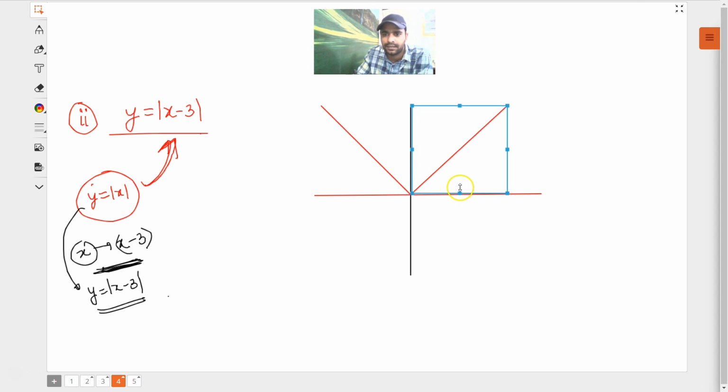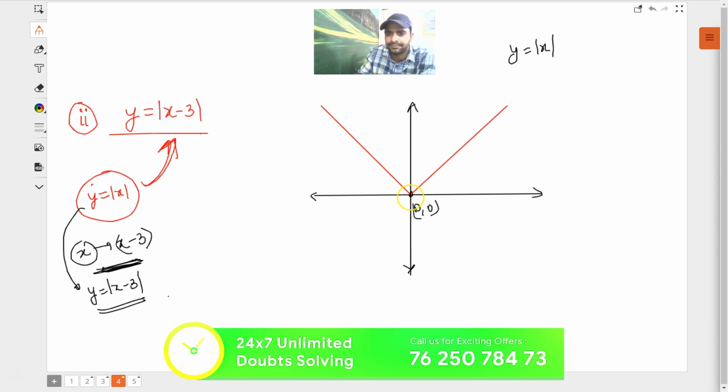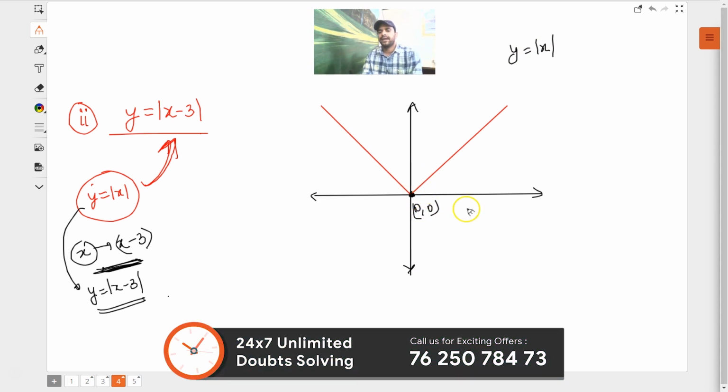Let's plot this thing as negative, this thing as x-axis, so I'll take it as a black one, right? Everybody clear? This was the graph of y is equal to mod x. We just drew the graph of y is equal to mod x, right or not? This was origin here, origin था ये, ऐसा ही था ग्राफ.